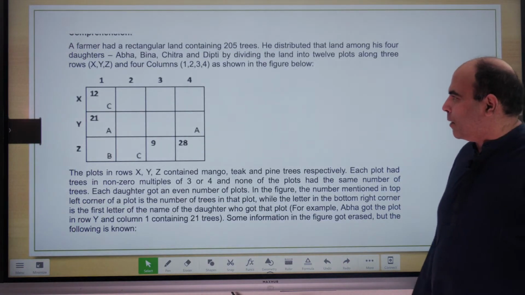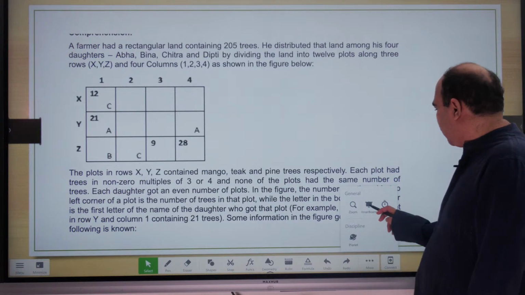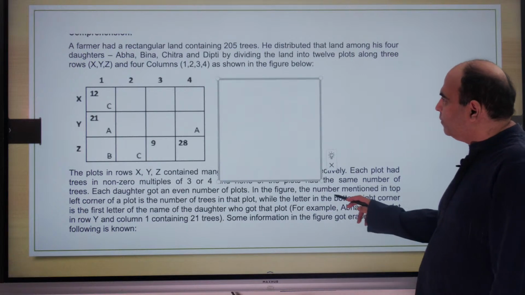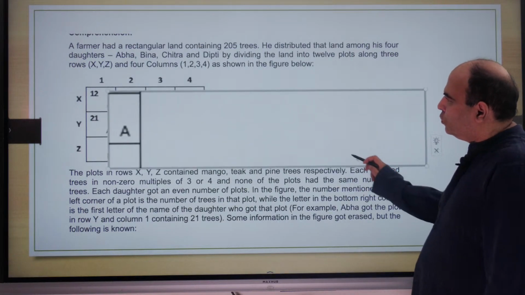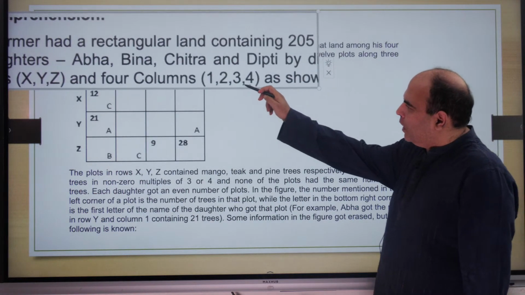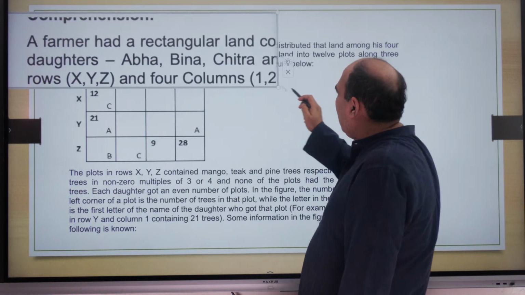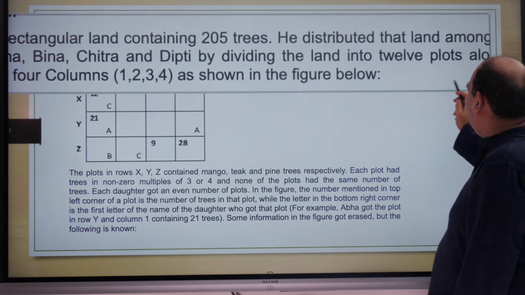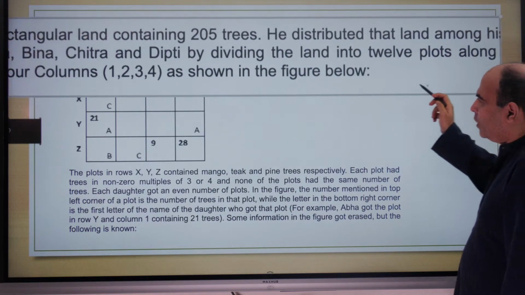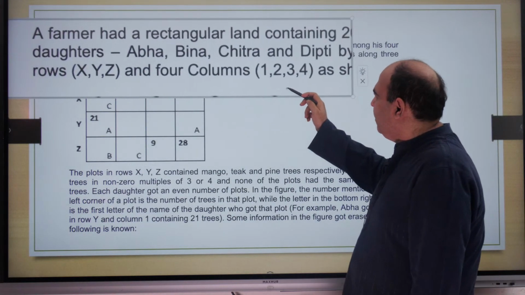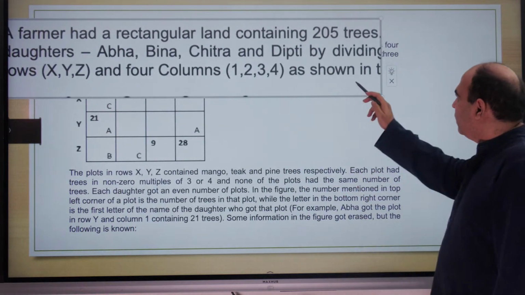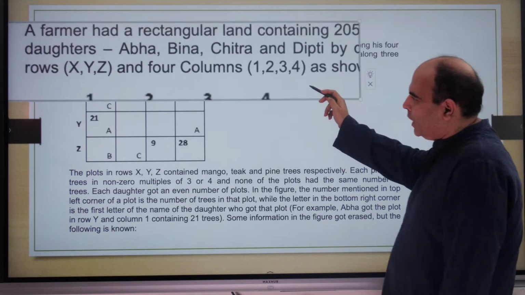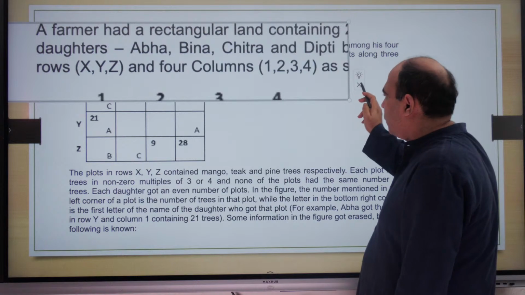Let's see what is happening here. I hope you can read this, or otherwise I will go into Zoom mode and do this through a Zoom. A farmer had a rectangular land containing 205 trees, and he distributed that land amongst his 4 daughters A, B, C, D by dividing the land into 12 plots along 3 rows X, Y, Z and 4 columns 1, 2, 3, 4 as shown.